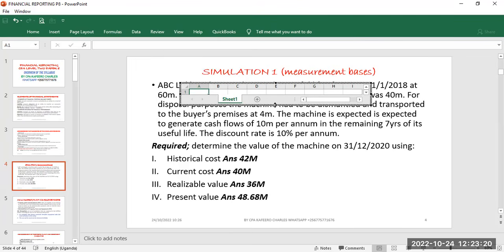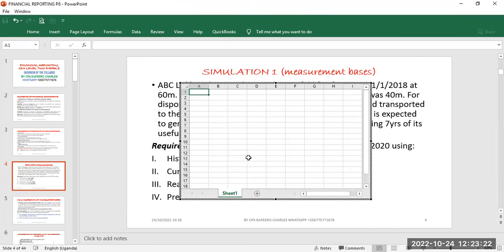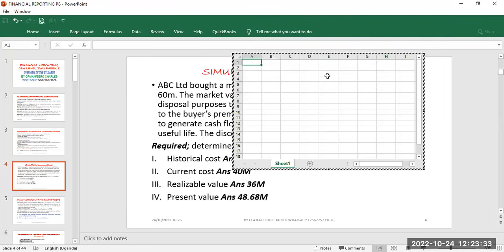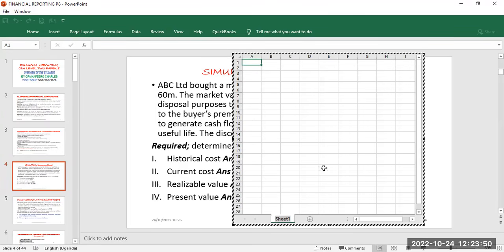Let me make it white because I don't want to move out of the screen since we are going to be using the same question. Okay, we can start right away, and we say this is our simulation. Maybe I'll increase it so that people can see the whole screen.